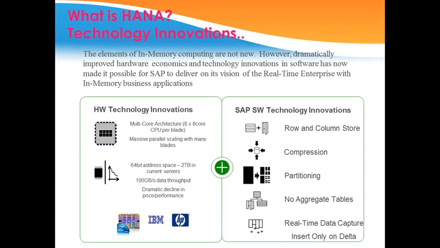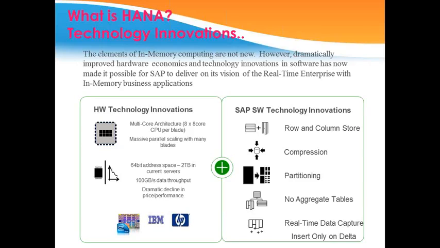As I said, it is a combination of hardware technology and software technology along with the database. The speciality of this hardware is mainly the multi-core architecture. You know that if you have more CPUs, a query can be processed easily because of the cores inside, and data processing will be very fast with the parallel mechanism.